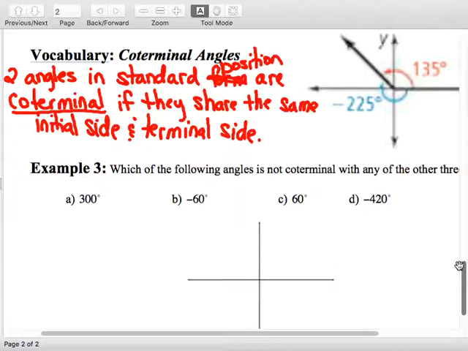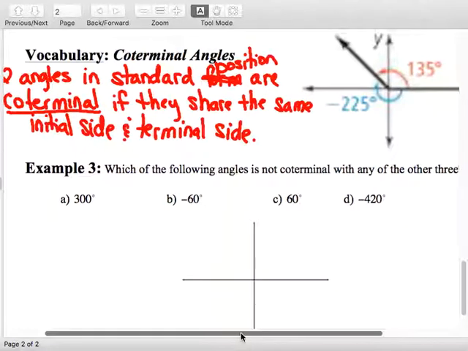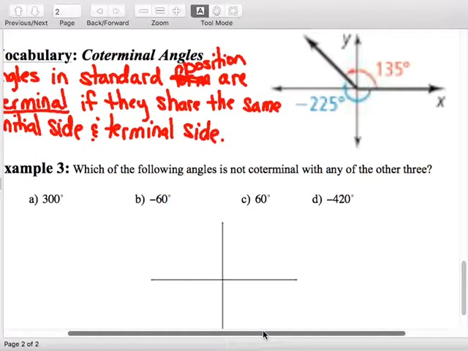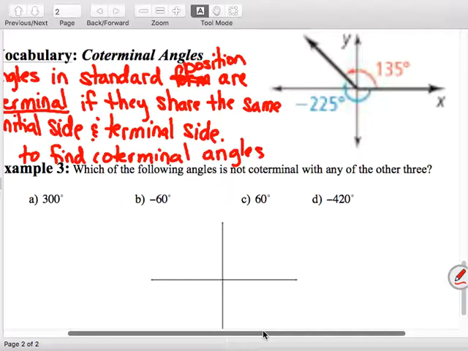Because then let's look at example 3. It says one of these is not coterminal with the others. And so you're right that there's something related to the 360. So here's what you could write down. To find coterminal angles, add or subtract 360 degrees.